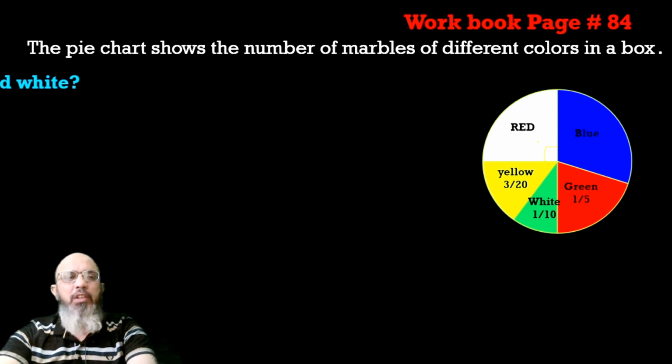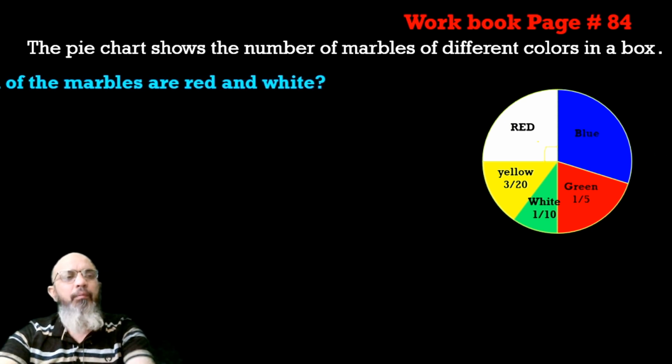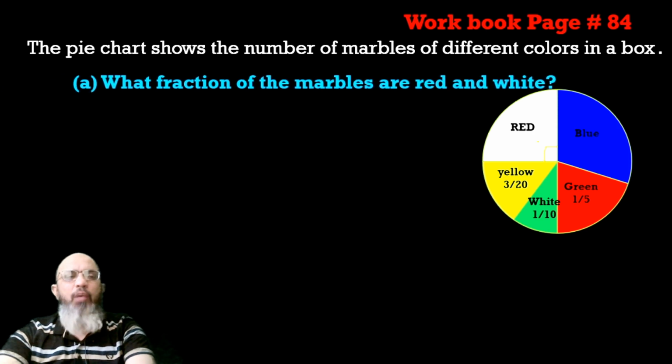What is the first question for you? What fraction of marbles are red and white? Red is 1/4, and white is 1/10. So we have to add 1/4 plus 1/10. How will you add these two? We have to make the denominators the same, then we can add.